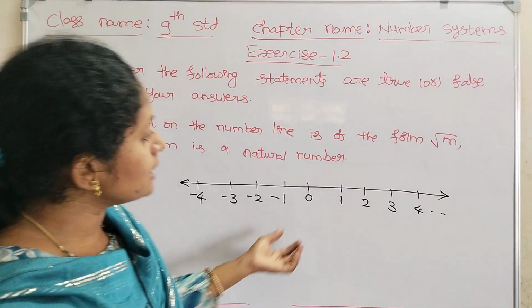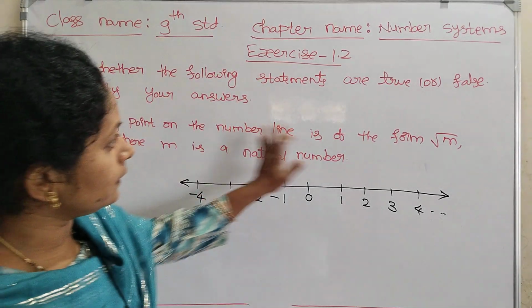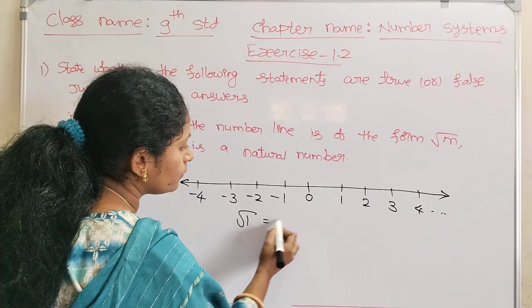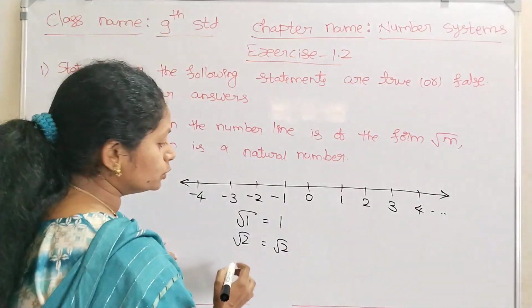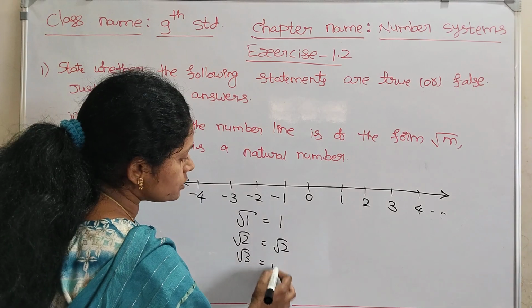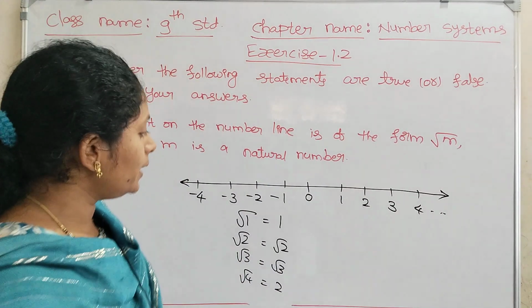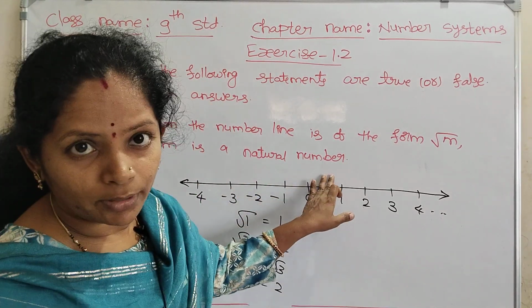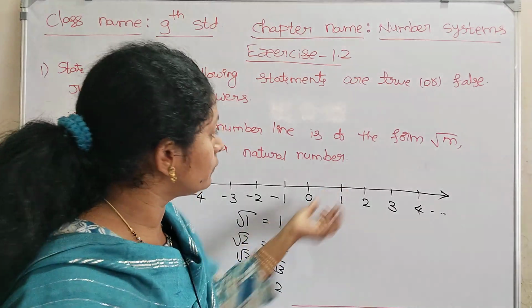Now, is every number on the number line in the form of a root? If we write root 1 equals 1, root 2 equals root 2, root 3 equals root 3, root 4 equals 2 and so on. It means if we take any natural number, then we can represent it in the form of root m.